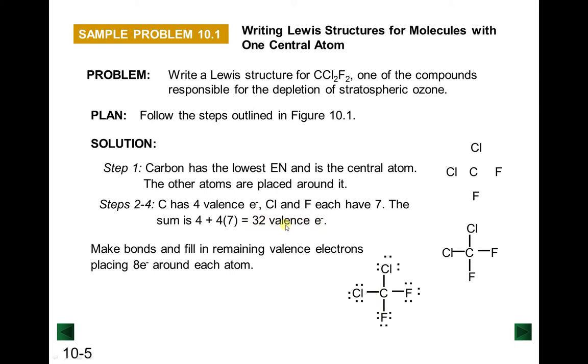So we have 32 valence electrons. 8 of those will come from the bonds, and the 24 remaining electrons will be distributed as lone pairs.